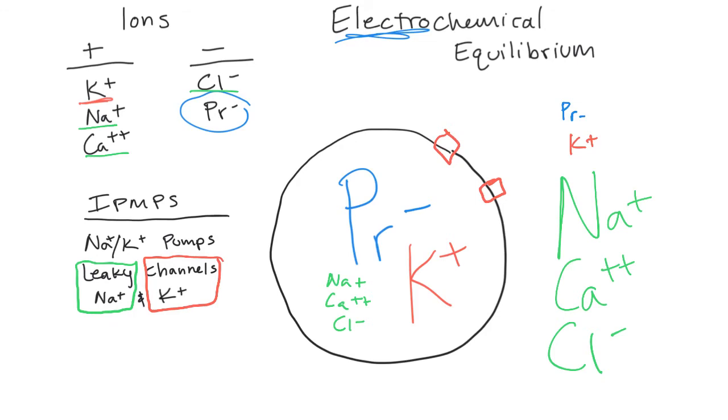According to the concentration gradient, what is potassium going to want to do? Exactly, leave. So it's going to leak out of these cells. Those are called leaky channels, our leaky potassium channels.